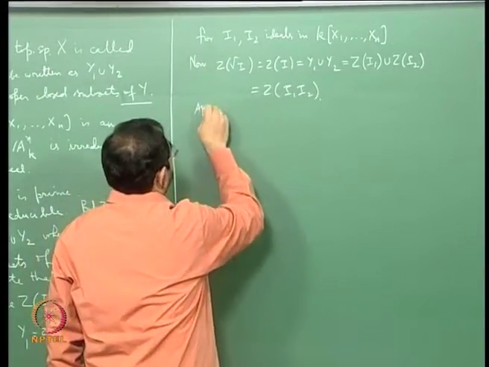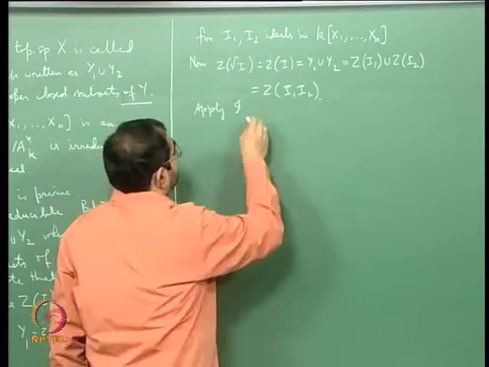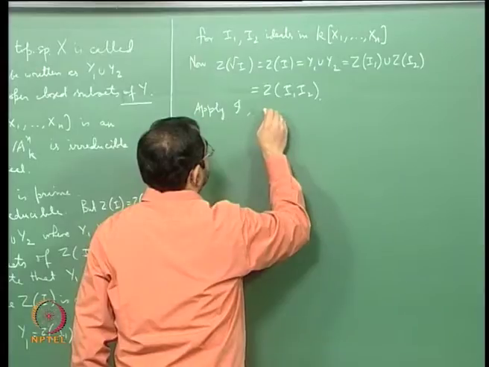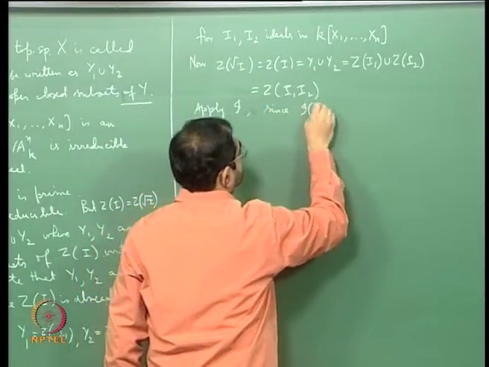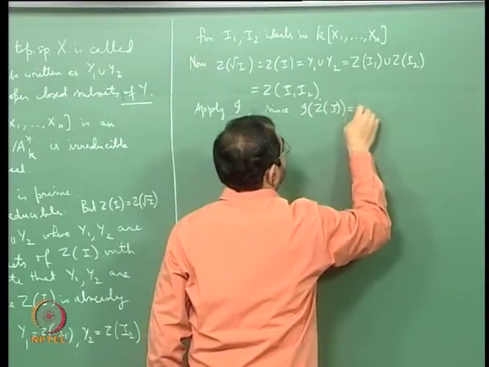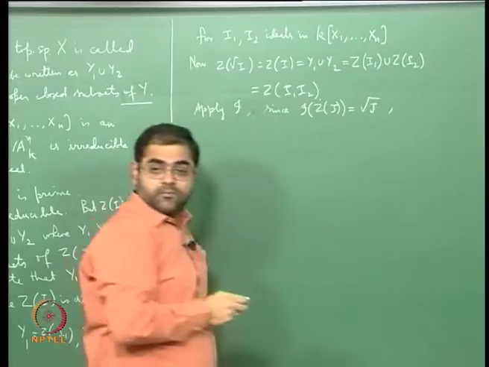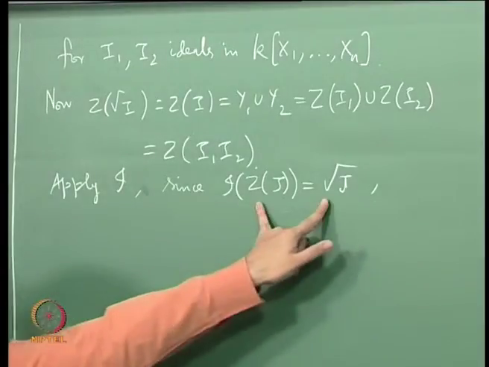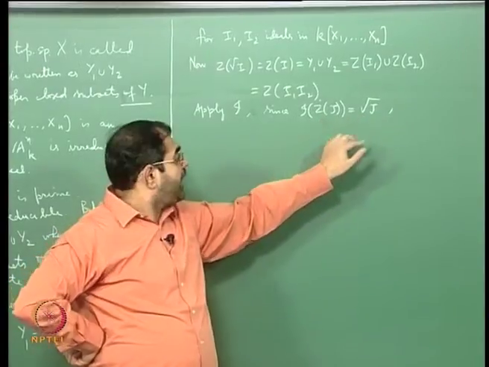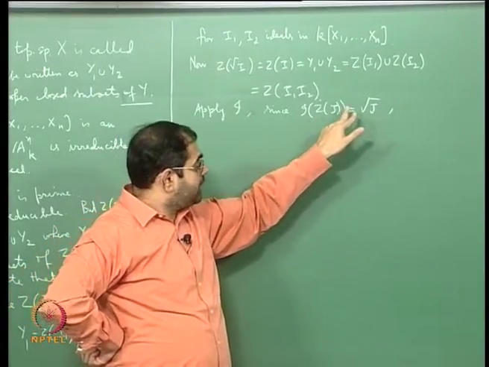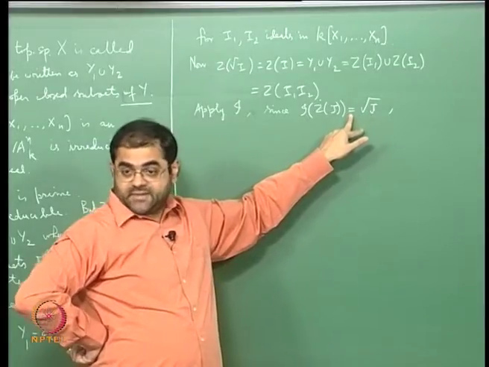If you apply I, the Nullstellensatz tells you that I(Z(J)) is rad J. Mind you, this is a statement that involves the Nullstellensatz, and that is valid for any ideal J. Actually I(Z(J)) always contains rad J, that is very easy to see.